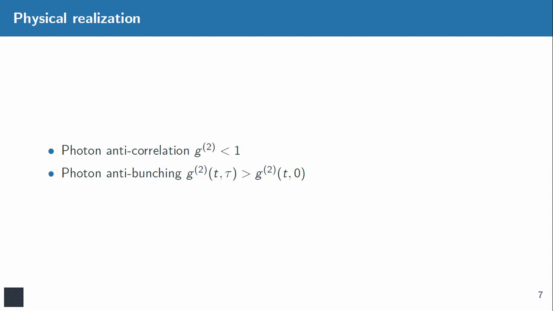So from the values of the correlation function, we could get some insight about these interesting physical phenomena like anti-correlations of photons and anti-bunching of photons.